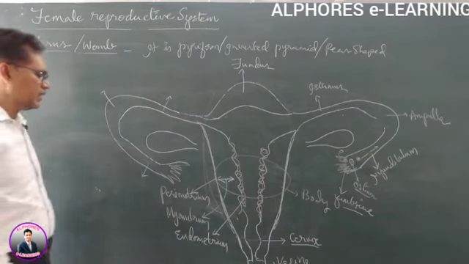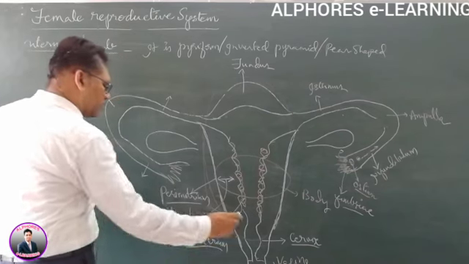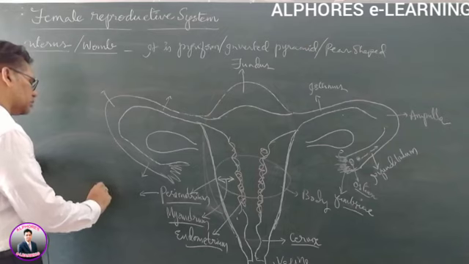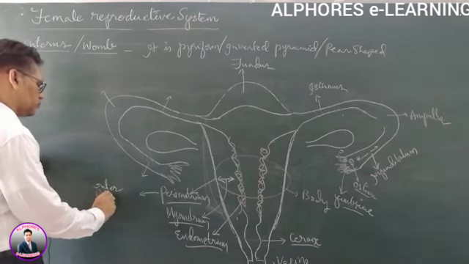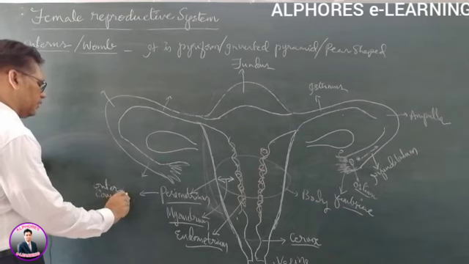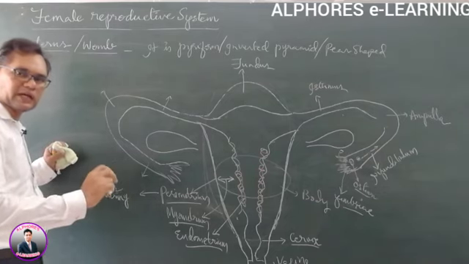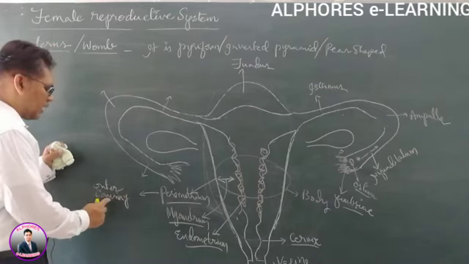It means here there is perimetrium, myometrium, endometrium. Perimetrium is the outer covering made up of peritoneum. Peri means around, metria means related to uterus.